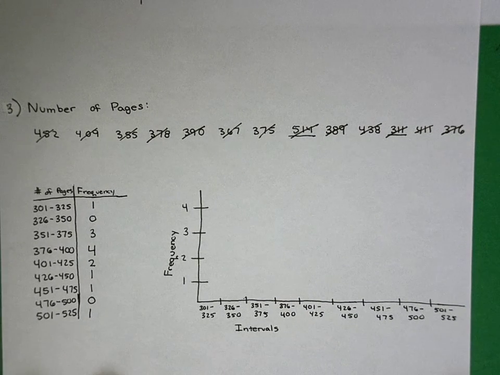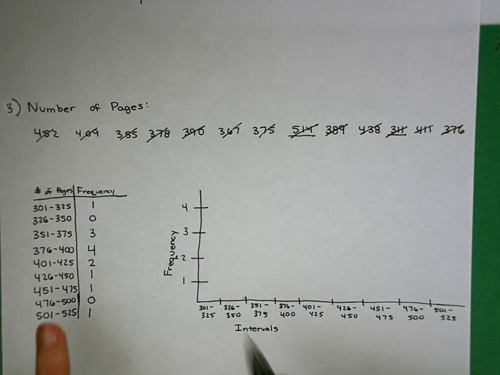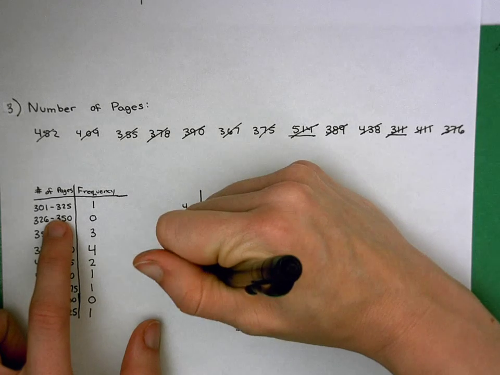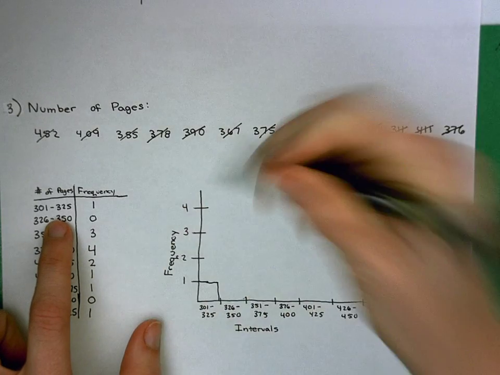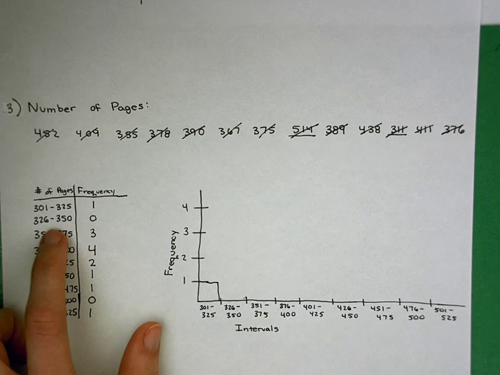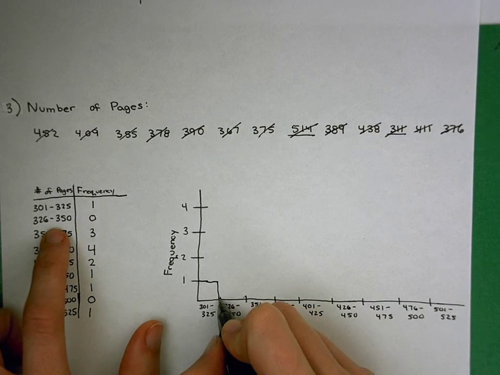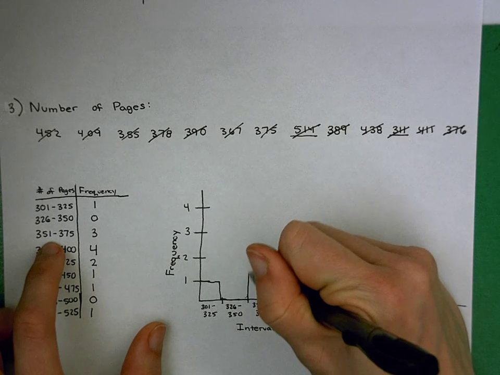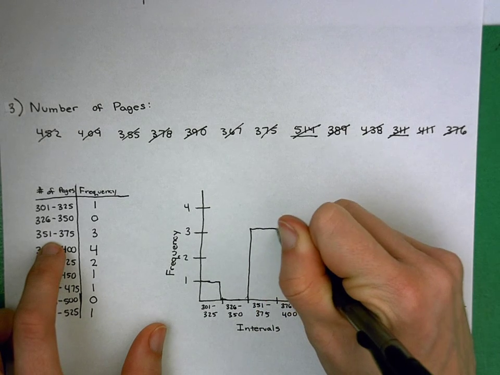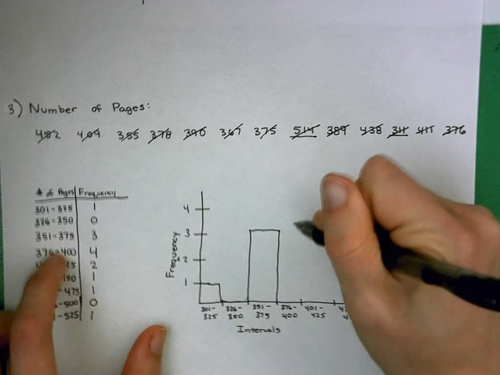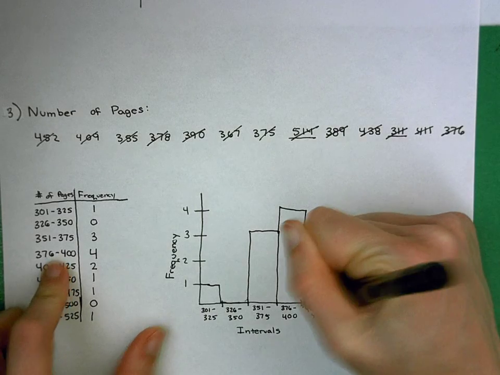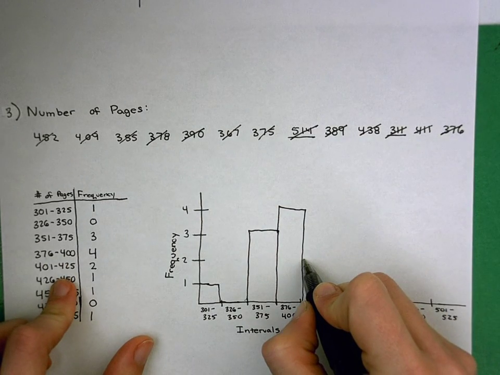Okay, and then we're going to create our bar graph. In this first interval here, 301 to 325, that happened 1 time. So I'm going to have a bar here at 1. Okay, 326 to 350 happened 0 times. 351 to 375 happened 3 times. 4 times for the next interval. 2 times for the interval after that.